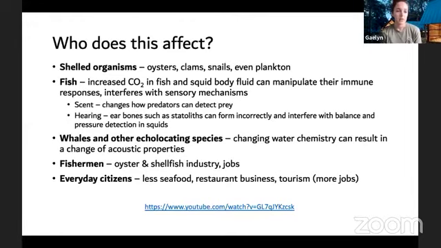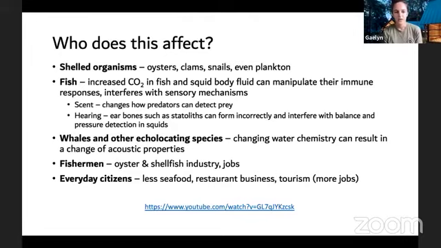But there are also things like foraminiferans, which use calcium carbonate to create their shells. You will hear more about that tomorrow because those guys are important geologically speaking as well. It's also going to affect fish. Fish don't make shells, right? But the increased CO2 in the body fluids of fish and squids can manipulate their immune responses, so how they respond to sickness, disease, parasites, anything like that.